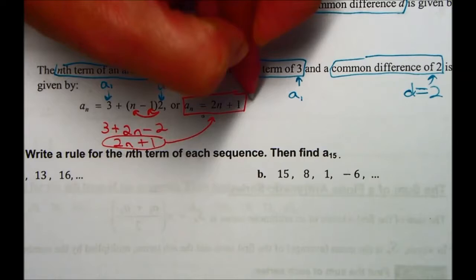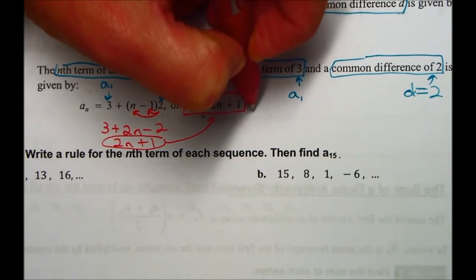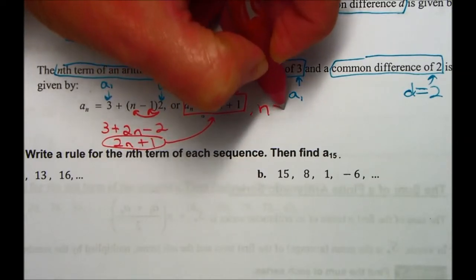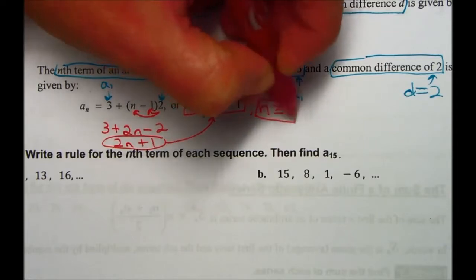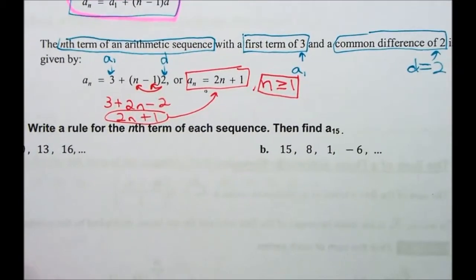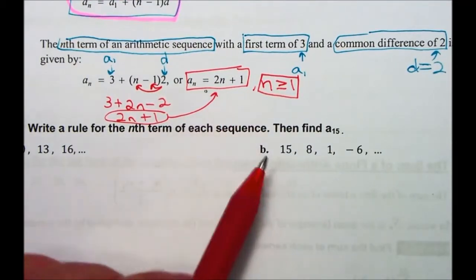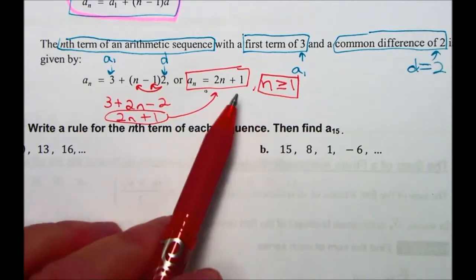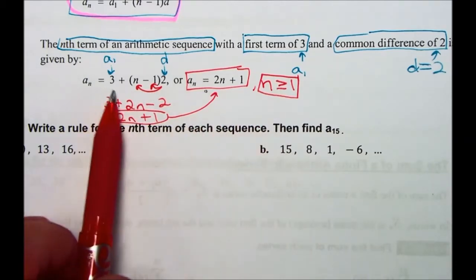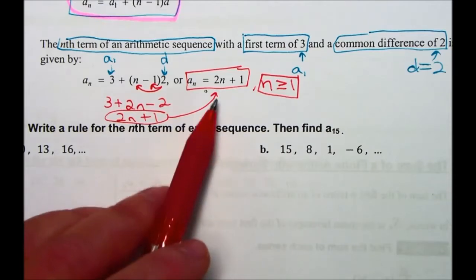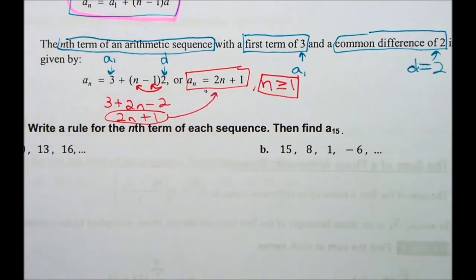So this is your equation, but n has to be greater than or equal to 1. So you really won't have a y-intercept, but the first term would be your 3, and then you could use your slope from there to graph other points if you'd like. But we'll get to the graphing on the next page.